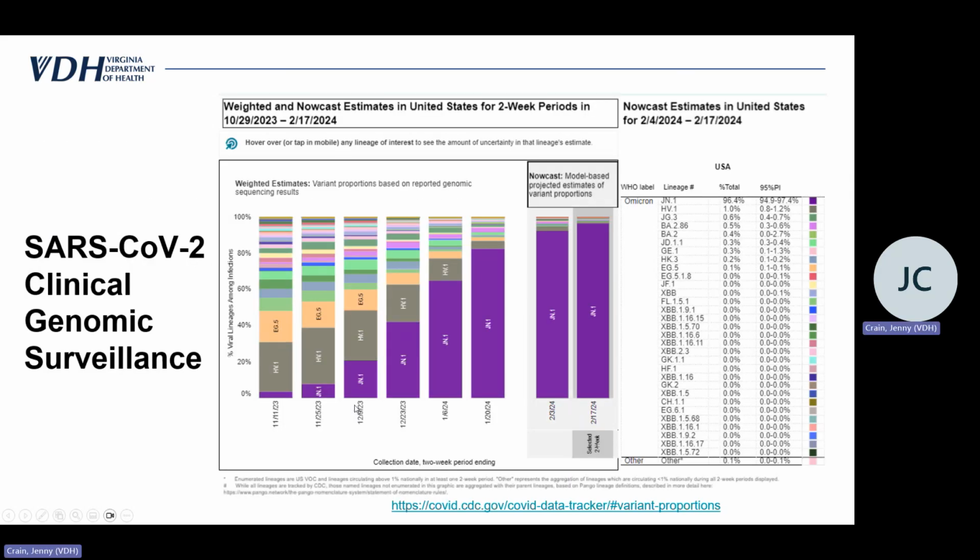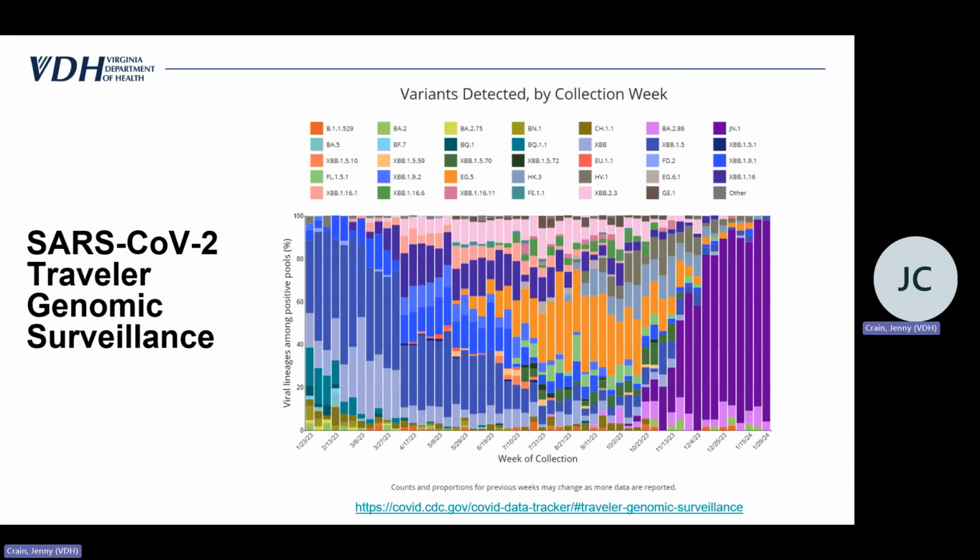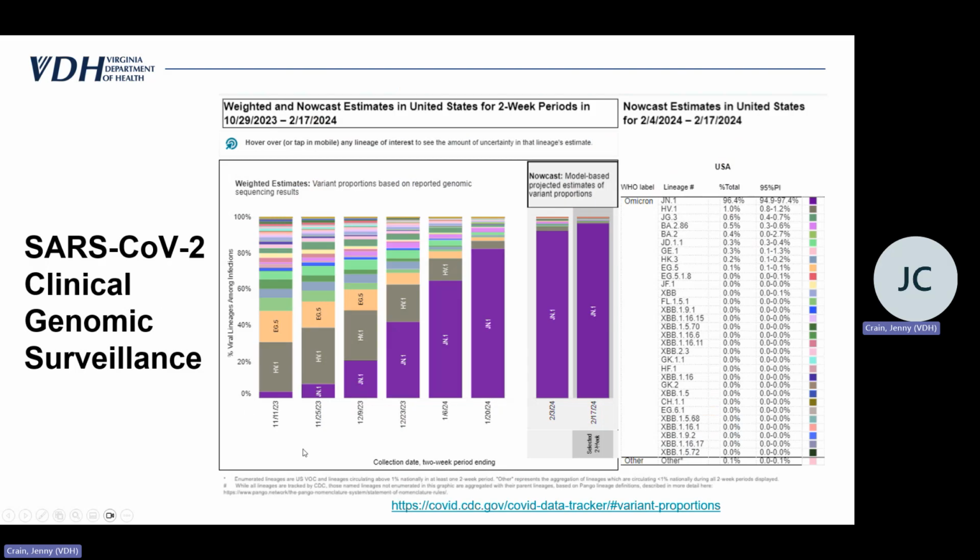Okay, like I said, these should be familiar to you, but I wanted to include a couple screenshots from the CDC COVID data tracker just to ensure that we're all on the same page. So the clinical genomic surveillance that has appeared on these websites for the last 4 years. I know we are all readily familiar with looking at these over and over again, but I just want to mention that the nowcast estimates that CDC is able to calculate there, you can select the different HHS region, which is really lovely.